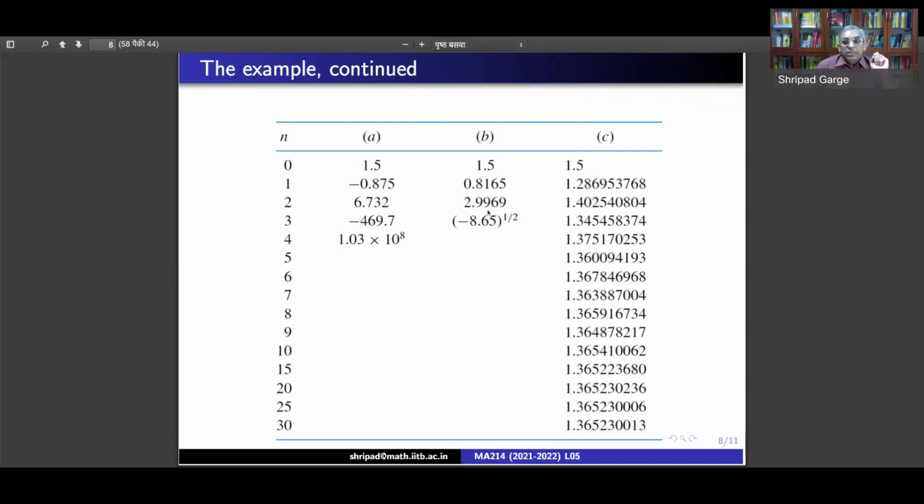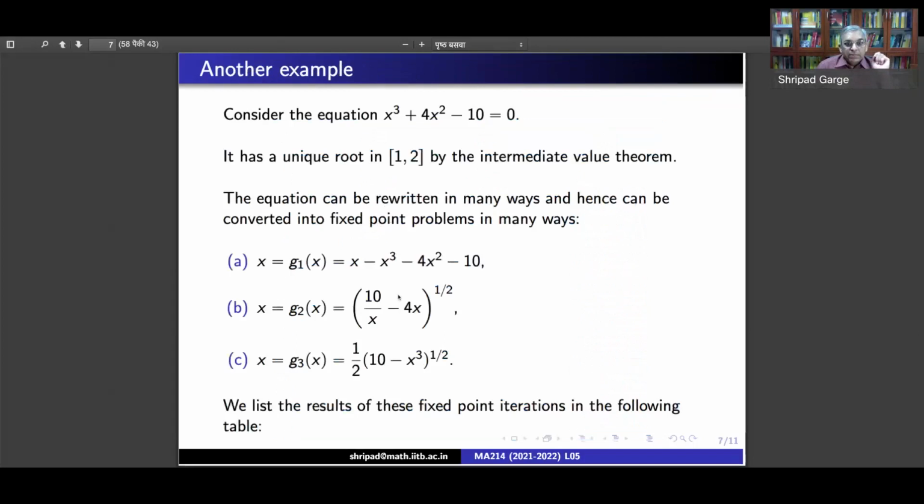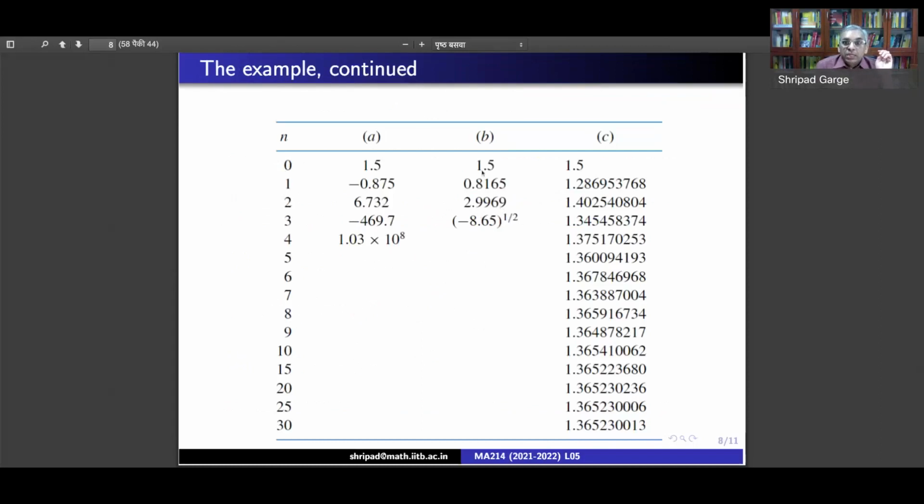What happens to the sequence b, which is g2(x), the square root of 10 upon x minus 4x? You started from 1.5 and you get 0.8165. So this is also outside 1 comma 2. Next time it is giving you 2.9969. So 0.8165 was just before 1, and this 2.99 is almost 3, so that is after 2.